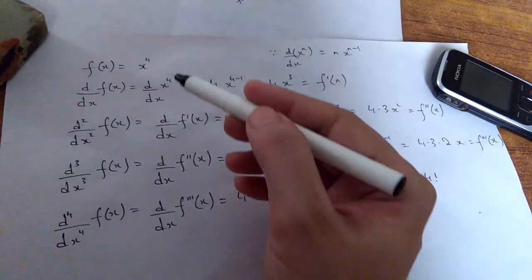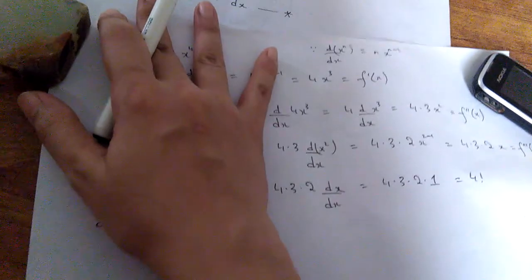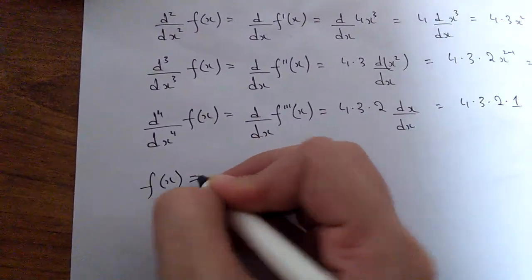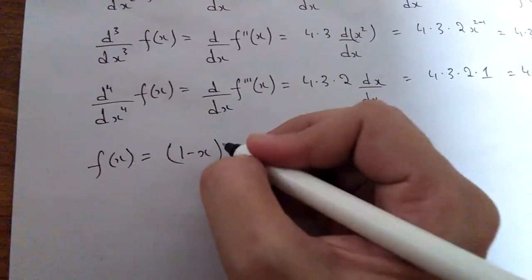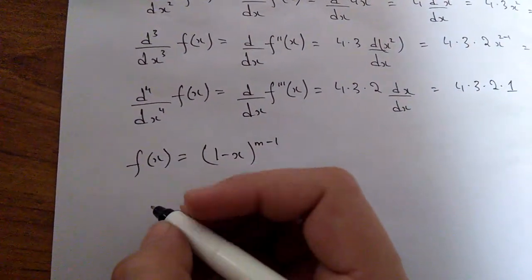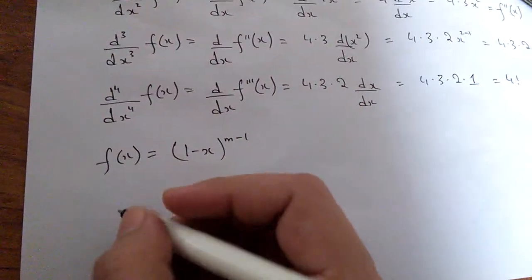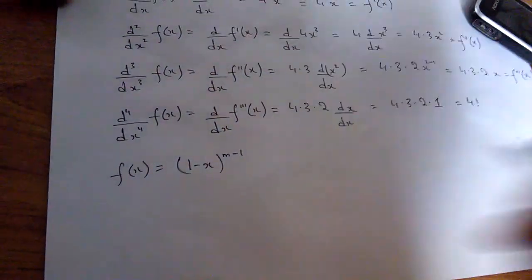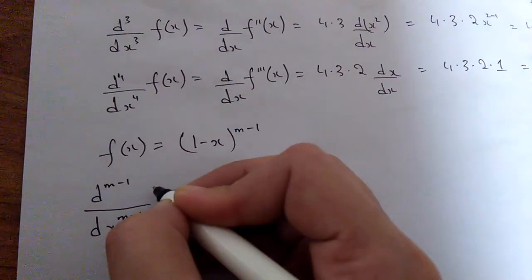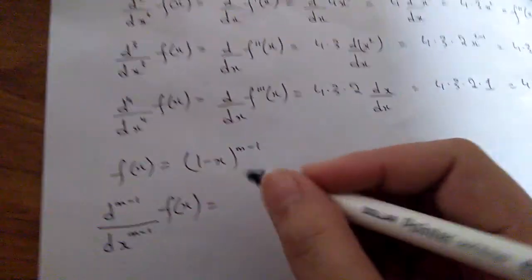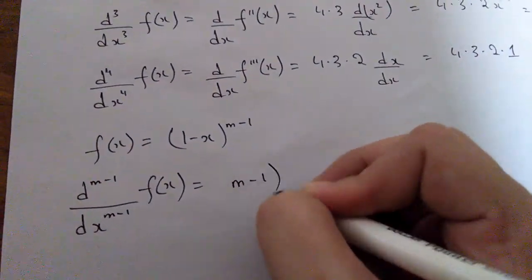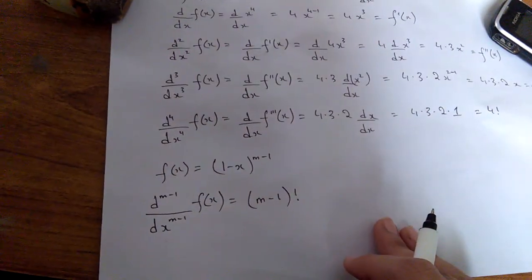That's how the polynomial is going to vanish. So if I'm having my function of this form and I take the m minus 1 derivative, where m is a positive value greater than 0, then this function is going to perish. It is going to finish, and it will be equal to the factorial of the power. That's how it is going to happen.